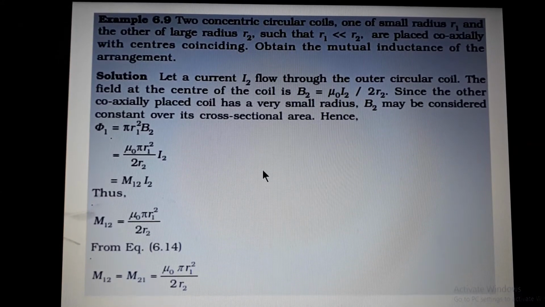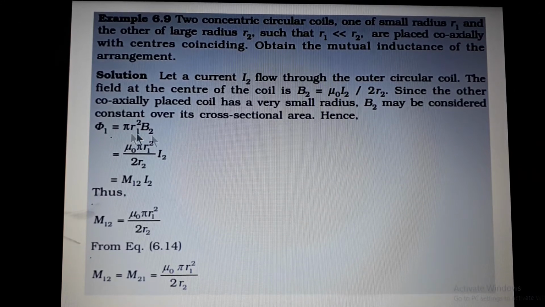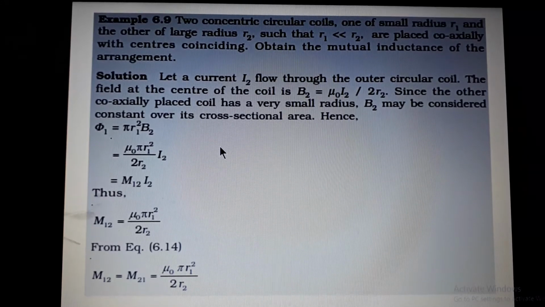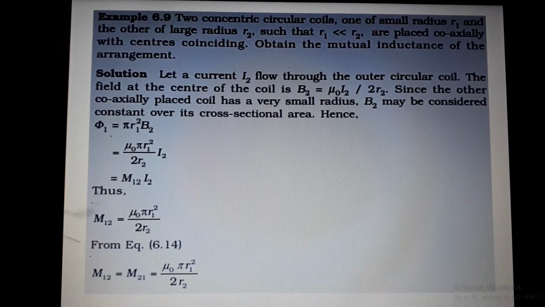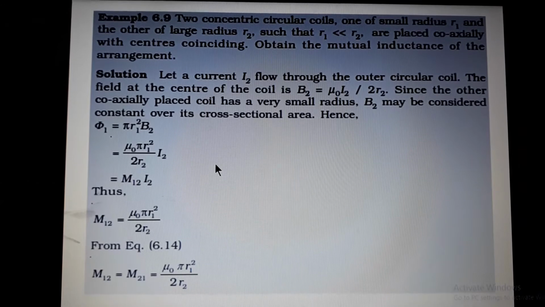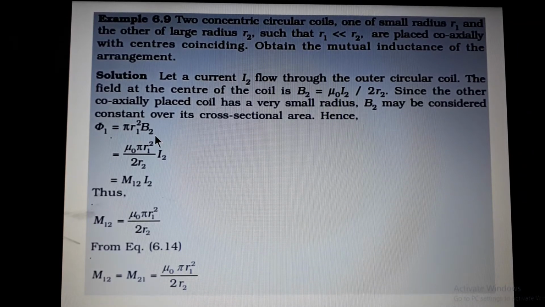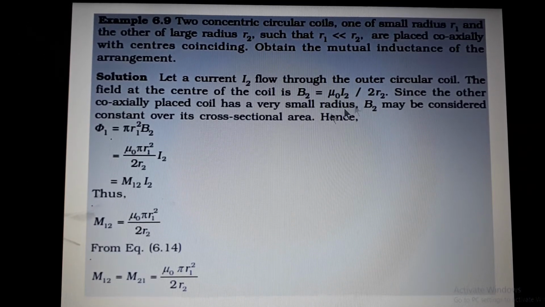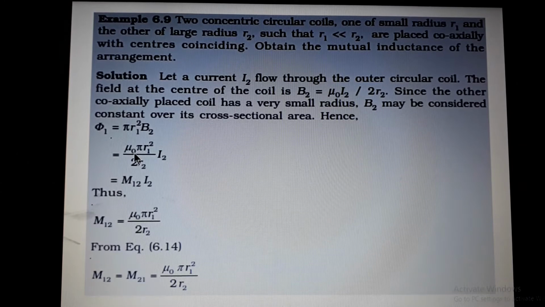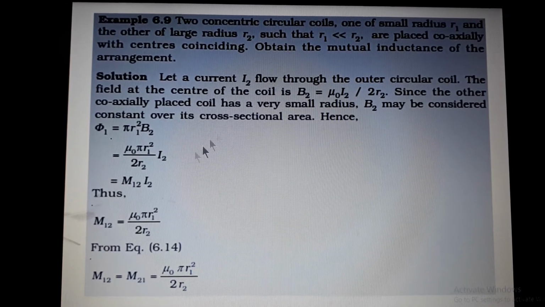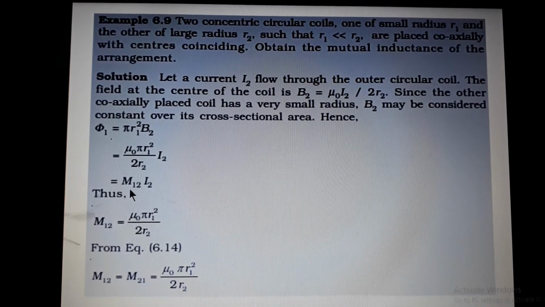Now in the same way, you know that phi1 is equal to B into A. In the previous theory, I have explained this one, phi is equal to B dot A. So here, area means pi r1 square, so pi r1 square into B2, where B2 is equal to mu0 I2 upon 2 R2. So that one is M12 I2.